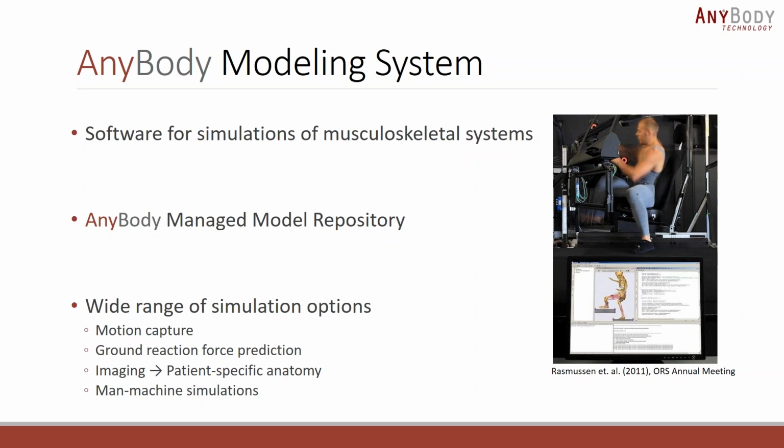This is what we call the Anybody Managed Model Repository. And using these tools, you can make a lot of different types of simulations, which include motion capture, ground reaction force prediction. You can combine imaging of your patient into patient-specific models, or you do man-machine simulations.